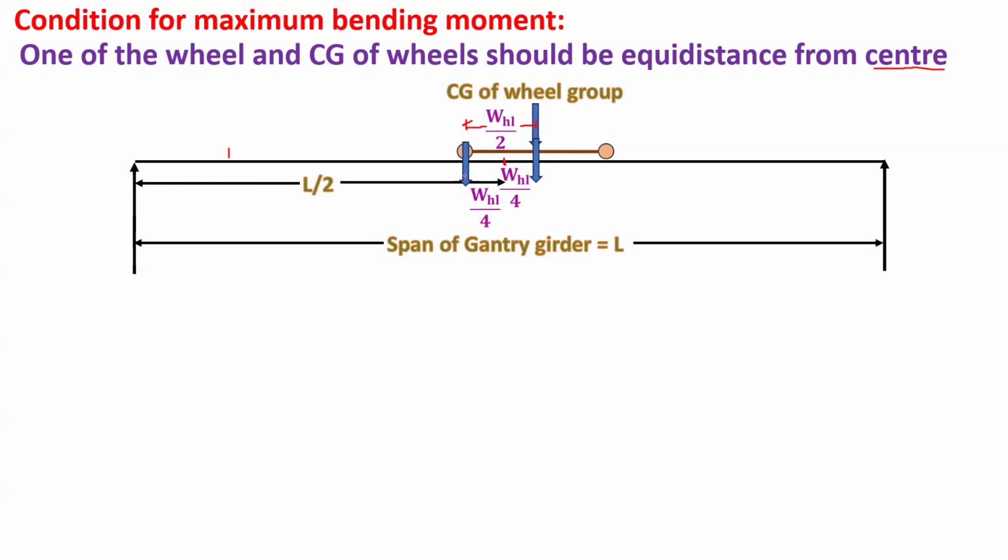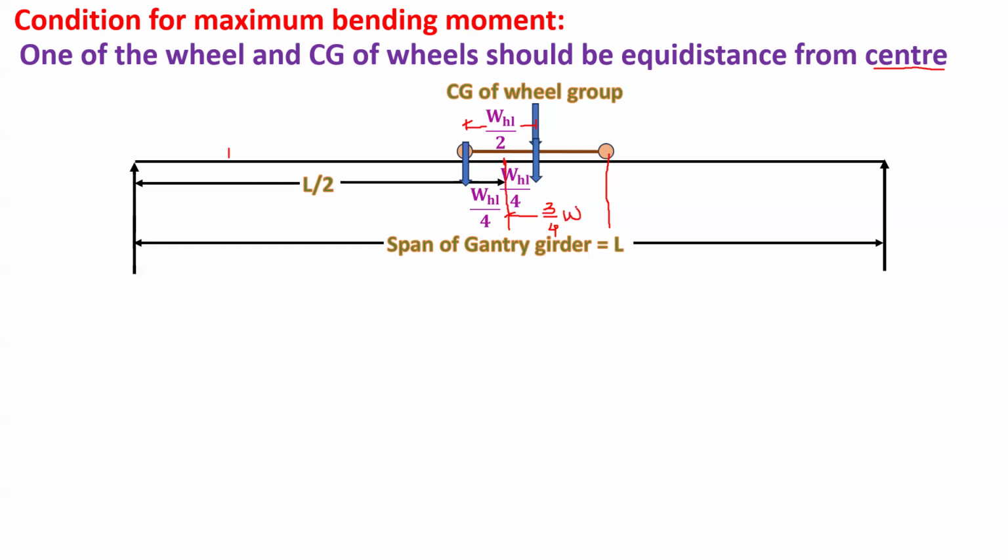One of the wheel loads is on the left, at WHL by 4, and the CG of the wheel load will be at WHL by 4. If I write the distance of the other wheel from the CG, that distance we will get as 3WHL by 4. So directly you can use these distances.